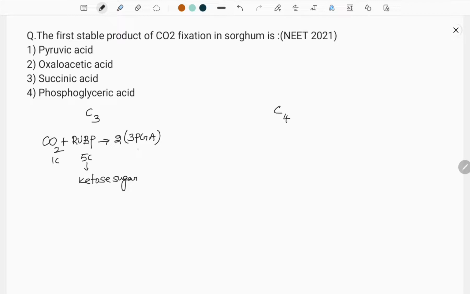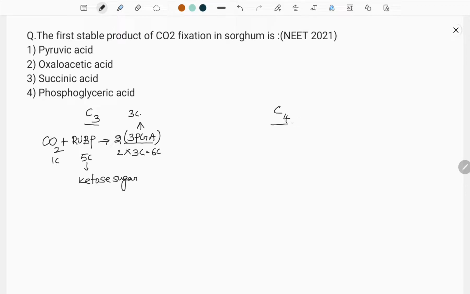So each phosphoglyceric acid is a 3-carbon compound, into 2 is equal to 6 carbons. So in C3 plants, the first stable compound is a 3-carbon compound, that is phosphoglyceric acid. So we call them C3 plants, C3 cycle.